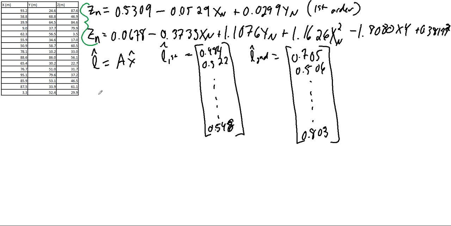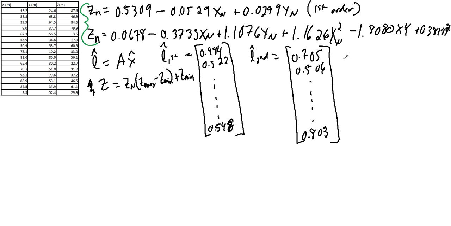To denormalize them, we use the same formula we used for normalizing, except now we're trying to isolate for the Z value. So this time we take our Z normalized and multiply it by the Z max minus Z min, and we add Z min. And that's going to denormalize it for me.